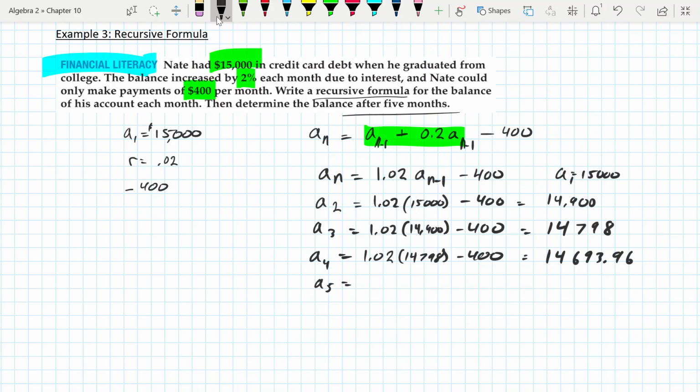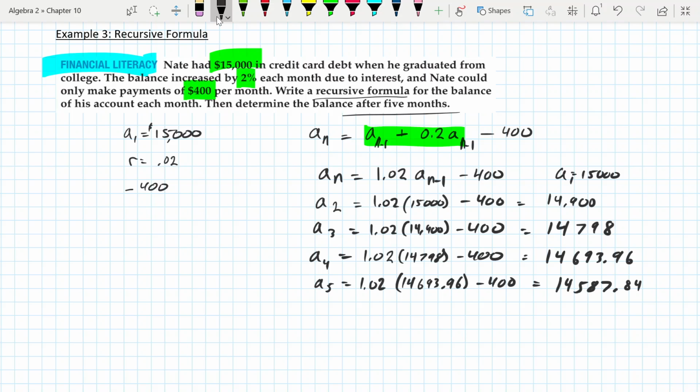All right. And we're going to keep going down one last time. I've got to type it in my calculator here. 1.02 times $14,693.96 minus $400 more dollars. 14,963.96 minus 400 is 14,587.84.